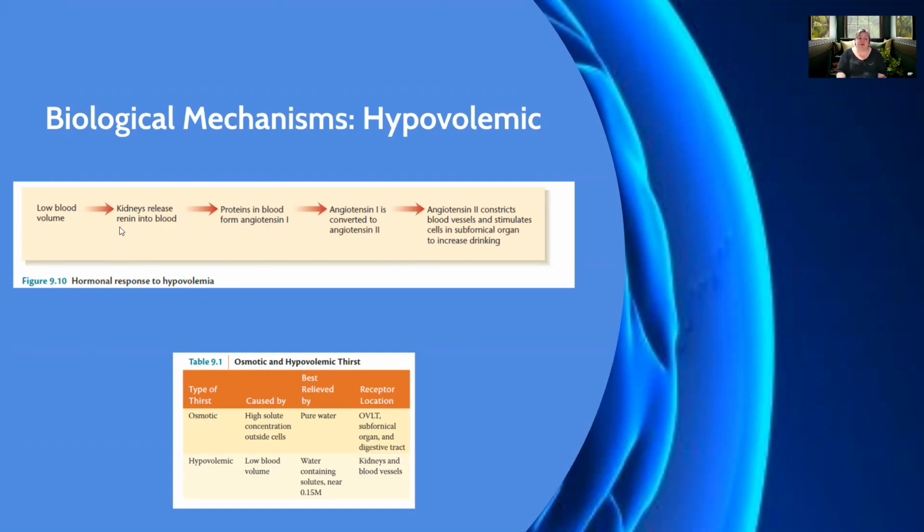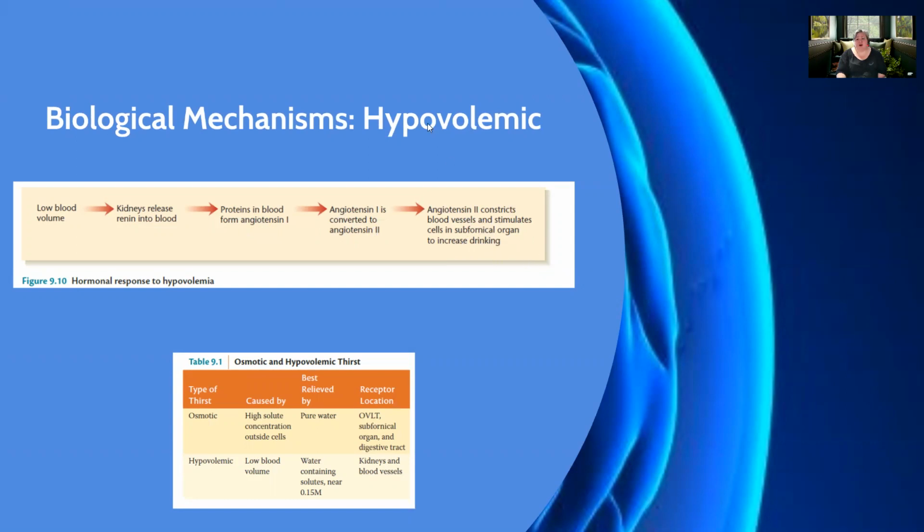When the renin is released into the blood, it triggers proteins in the blood to form angiotensin 1. Then angiotensin 1 is converted into angiotensin 2. And that is what constricts blood vessels and stimulates cells in the subfornical organ to increase drinking.